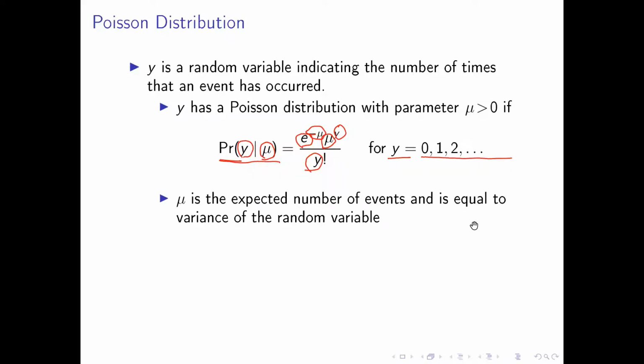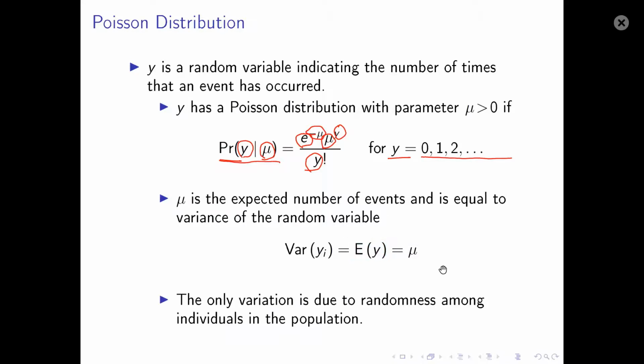And mu is the expected number of events, or incidents, and is equal to the variance of the random variable in Poisson distribution. That is a very, very important assumption. It's called the dispersion assumption for Poisson distribution. So the variance of that random variable is equal to the expectation of that random variable, which is equal to mu.